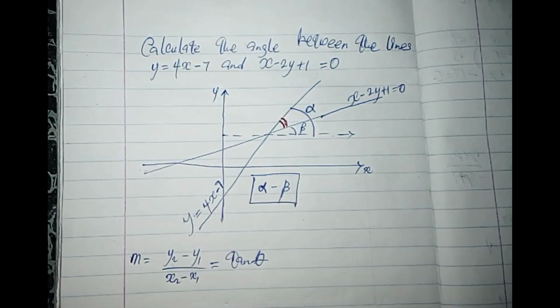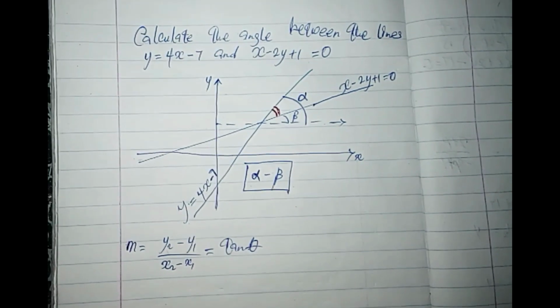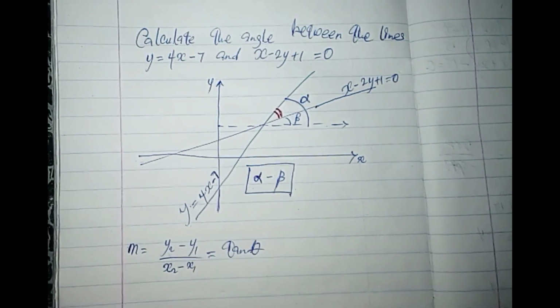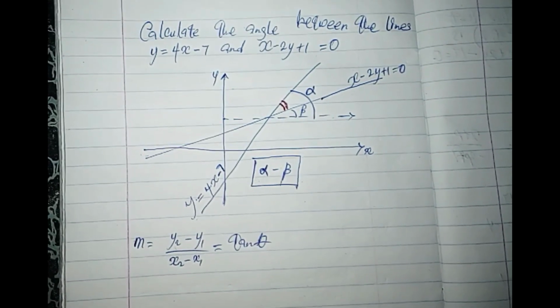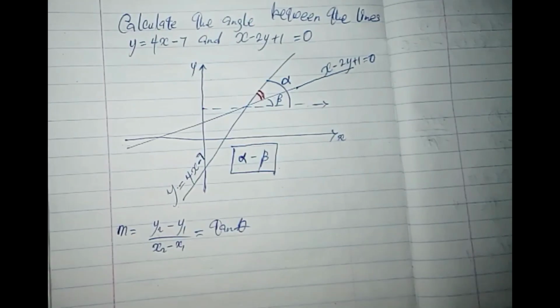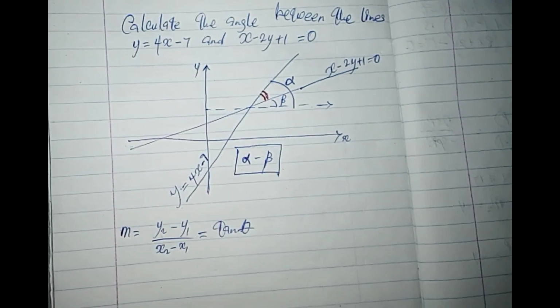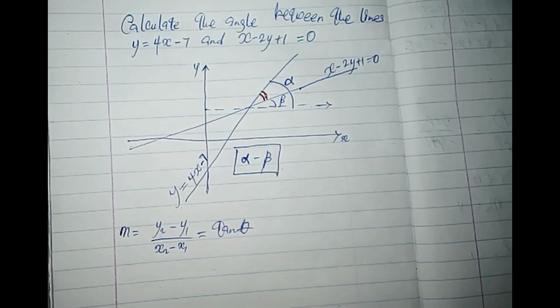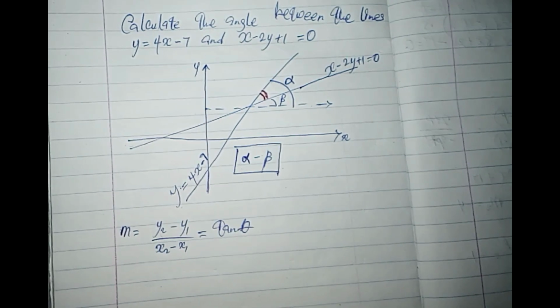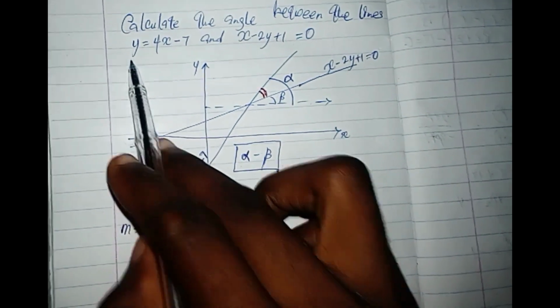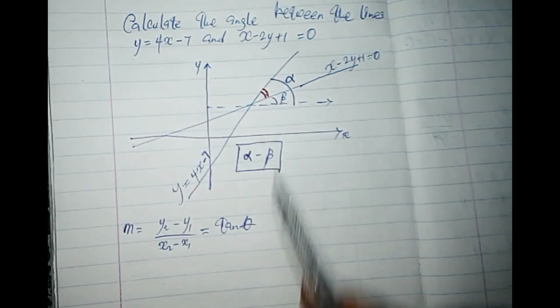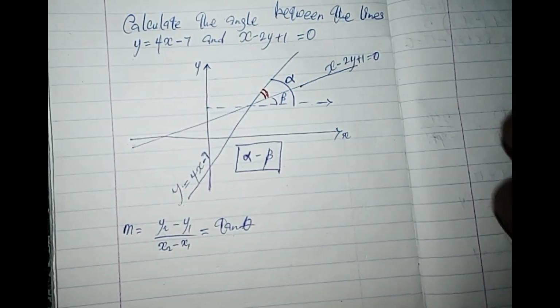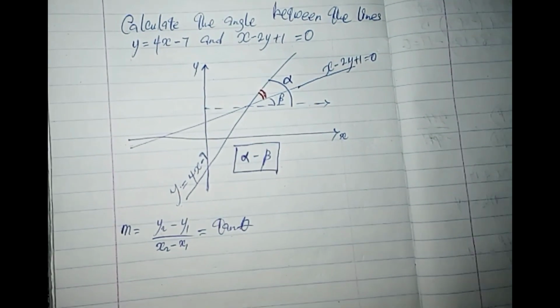I said in the first video I made on coordinate geometry that the gradient of a line is equal to tan theta. Using that, we can find the gradient of each line. The gradient of each line equals tan theta, where alpha and beta are the theta here.